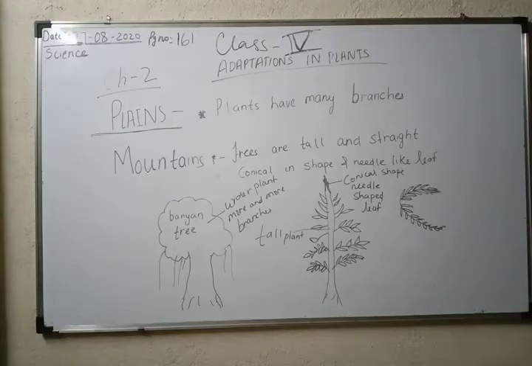Otherwise the flower will be destroyed and there will be no multiplication of the plant, because if there is no flower, there will be no reproduction, and they are unable to reproduce. To avoid this, the desert plant produces flowers in the night time.